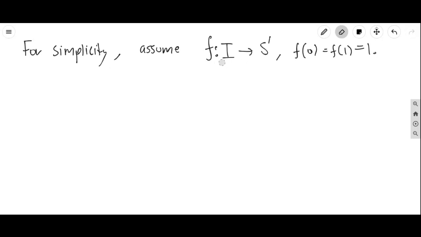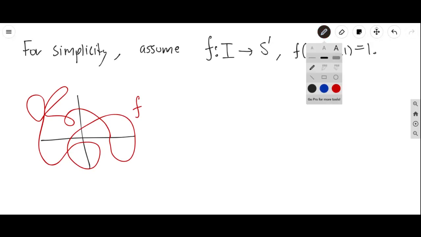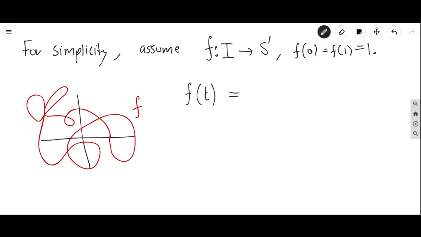Perhaps I should just begin with the punctured plane and then show you how you can reduce it to a circle. In general, if you have something in the punctured plane like this, let's say this is f. Then f of t is a point in the complex plane.